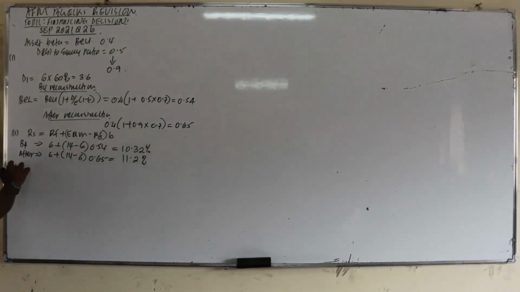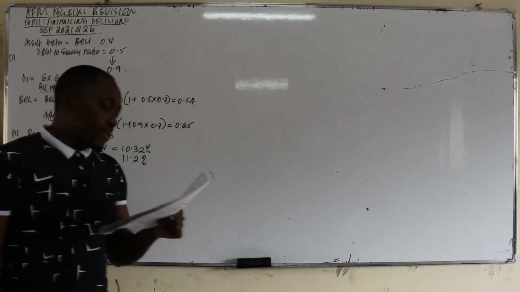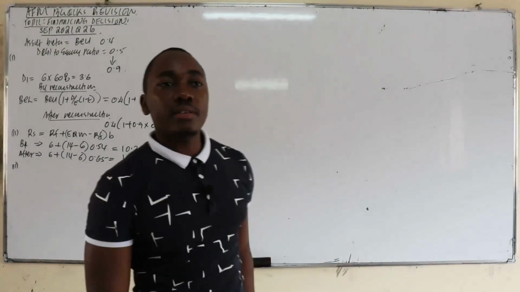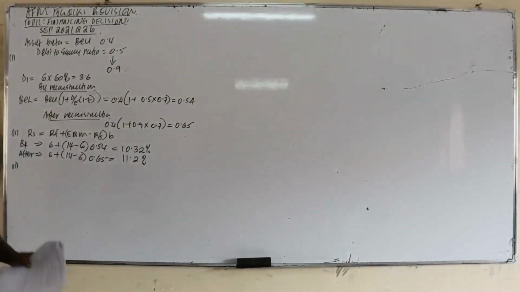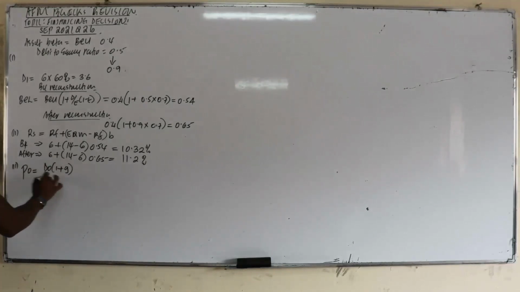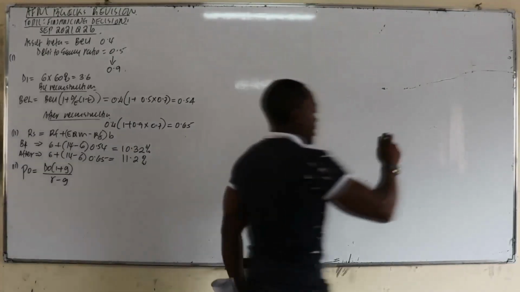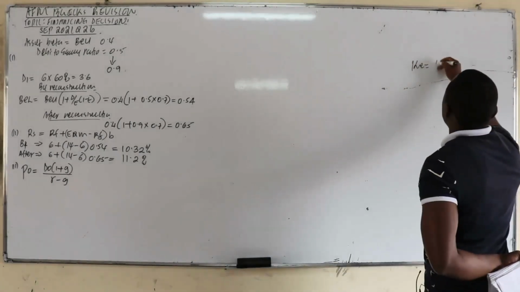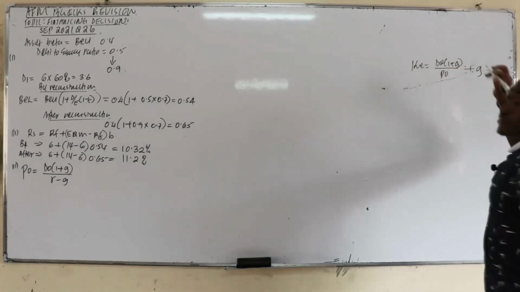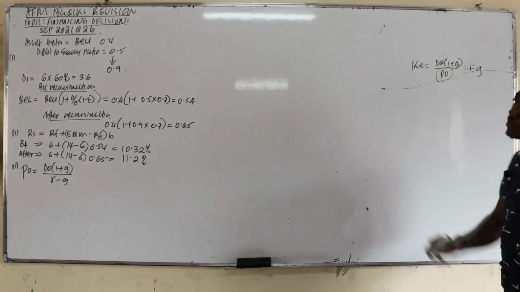Good. Lastly, number 3. Analyze the impact of the financial reconstruction on the firm share price. So share price is P0, right? How do you compute P0? P0 is equal to D0(1 plus g) over R minus g.